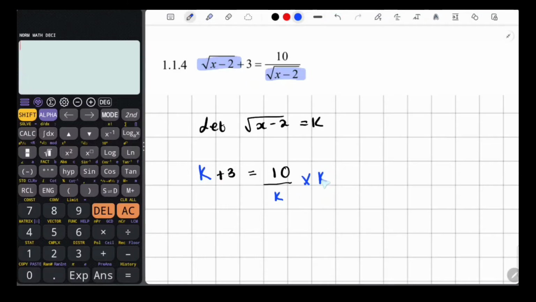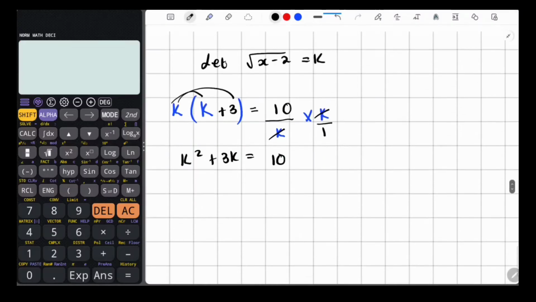It's an equation, so what you do on one side, you also do on the other side. So when we multiply those, that's going to be k squared, and then k multiplied by 3 gives you a positive 3k, is equal to, and here, remember this is k over 1, and the k's would cancel diagonally because we're multiplying. Then we have 10 over here.